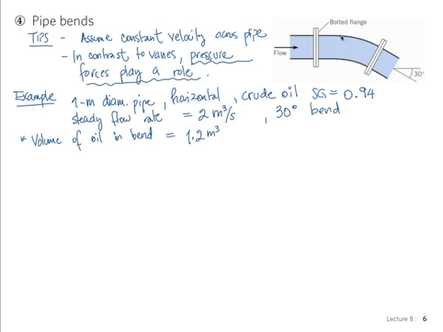So the volume in this whole piece here. The empty weight of the bend is equal to 4 kilonewton. These things are normally quite large, so we have to consider that there's a big piece of pipe.